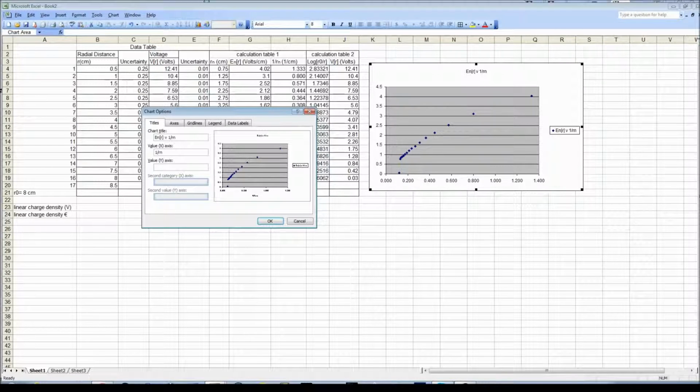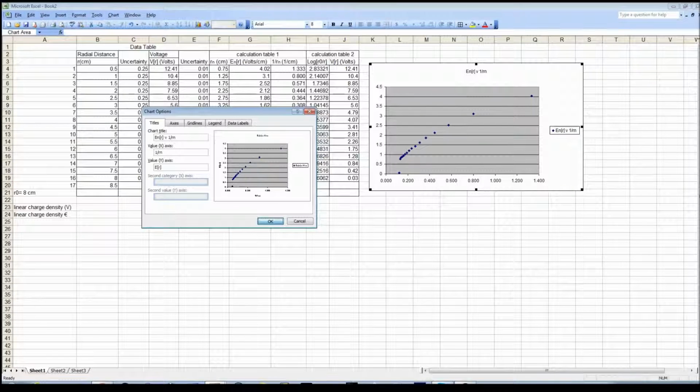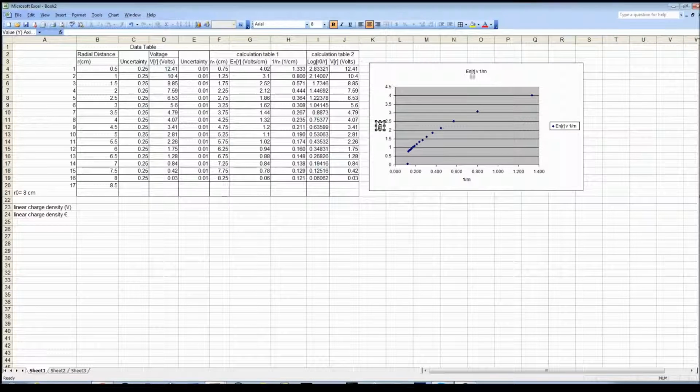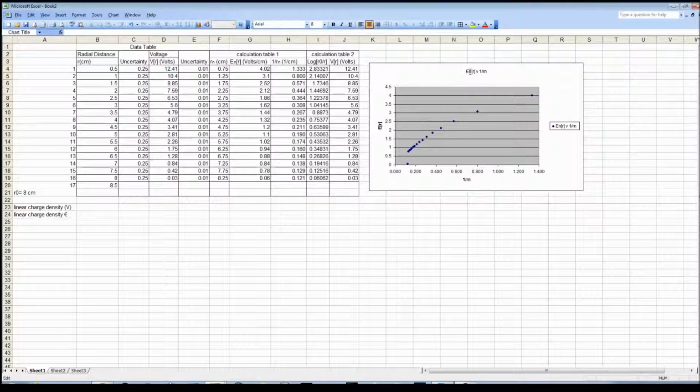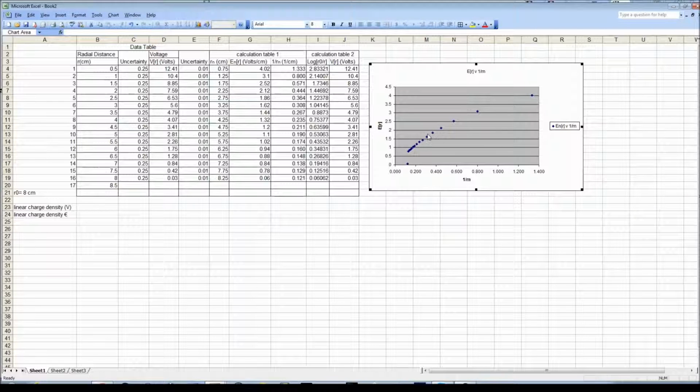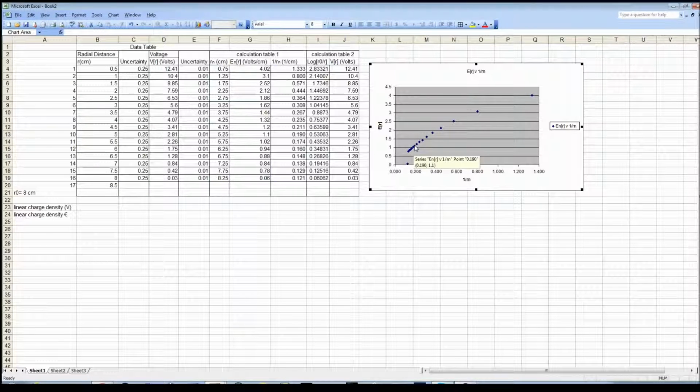The value of our y-axis is E in R. And there we go. We have E in R plotted against 1 over Rn.